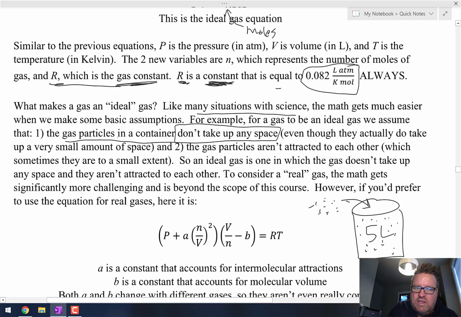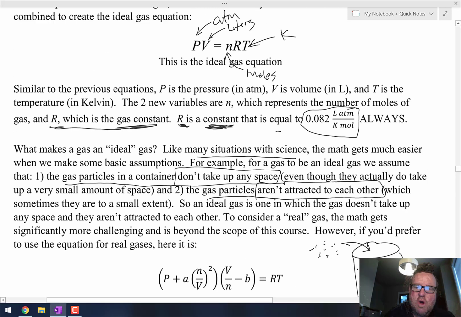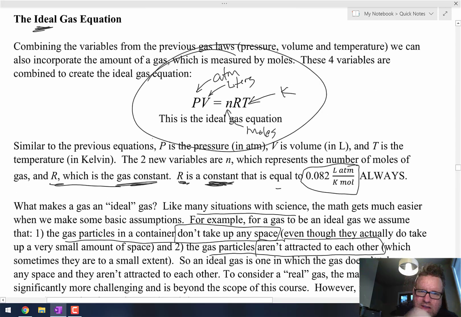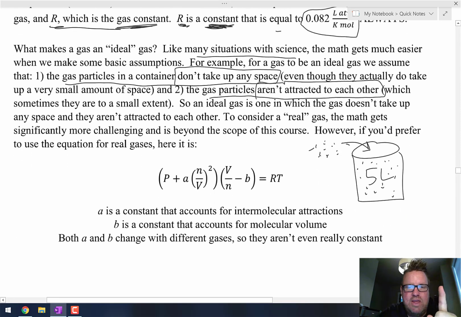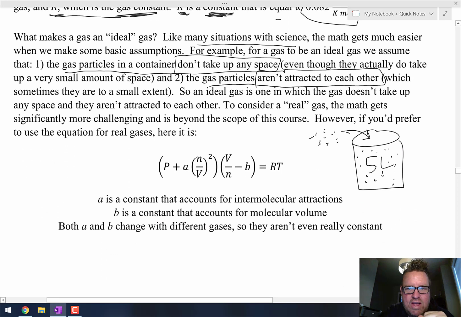So one assumption is that the gas particles don't take up any space, even though they do. We also say that the gas particles aren't attracted to each other, which again, they are, especially depending on how much gas is in there. So an ideal gas, a gas that obeys the ideal gas equation, is a gas that doesn't take up any space and is not attracted to the other gases.